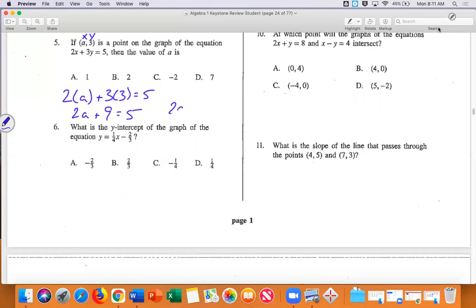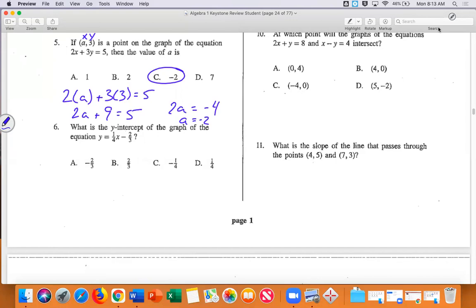So you got 2a equals -4 and a equals -2. Nice job. Pretty straightforward here, right? All right, remember, anytime you're given a point, you always want to label and then plug it in. And then solve.